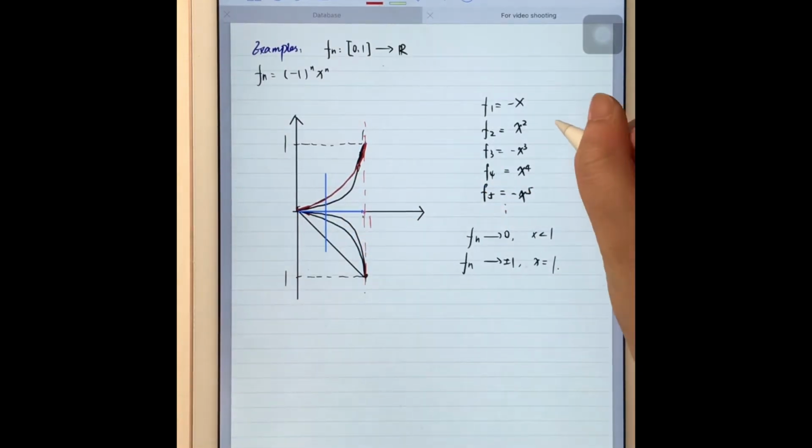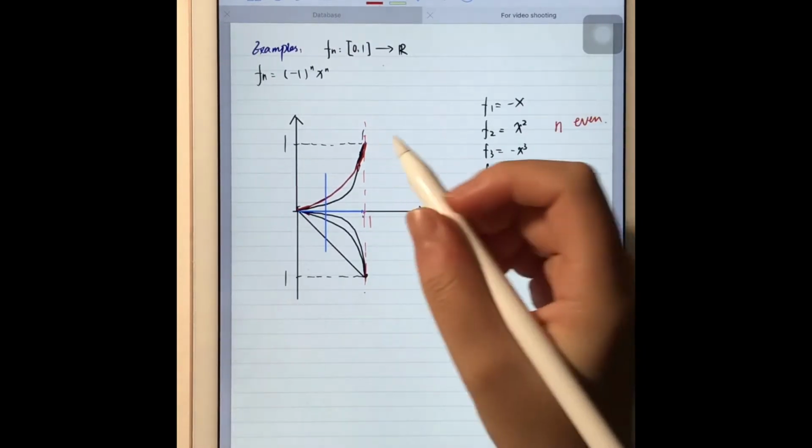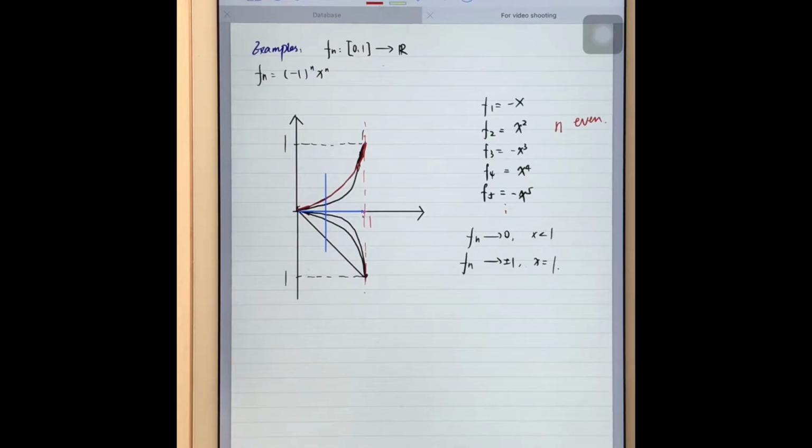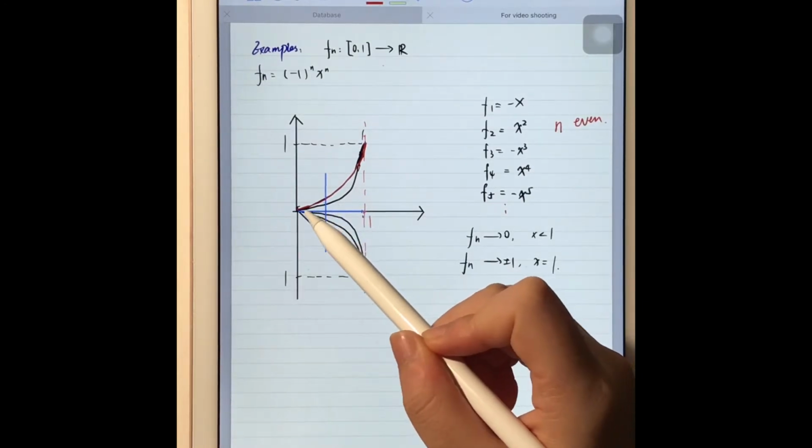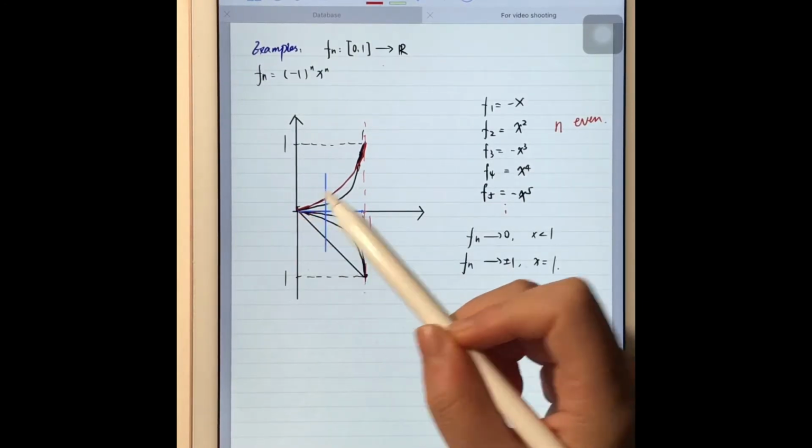You see, when n is even, the value of the function is positive, and it is getting closer and closer to this line, 0.